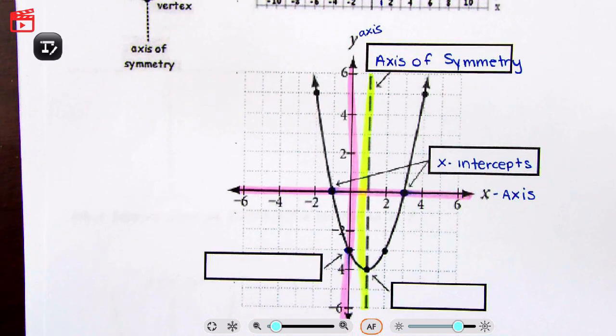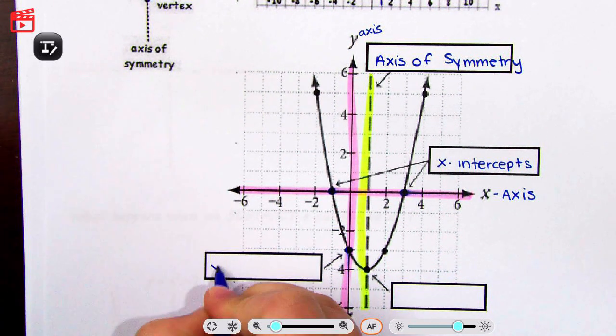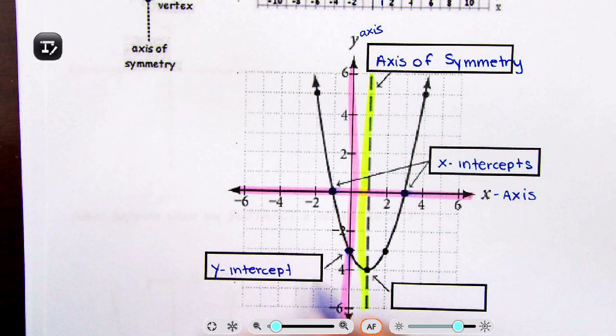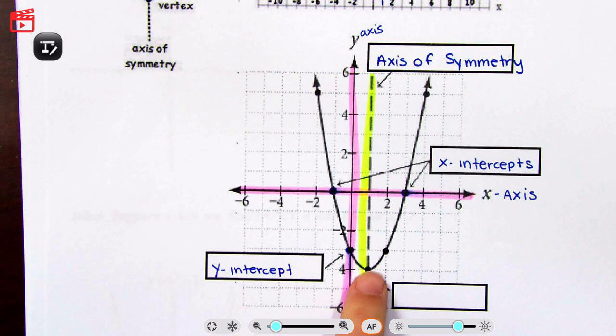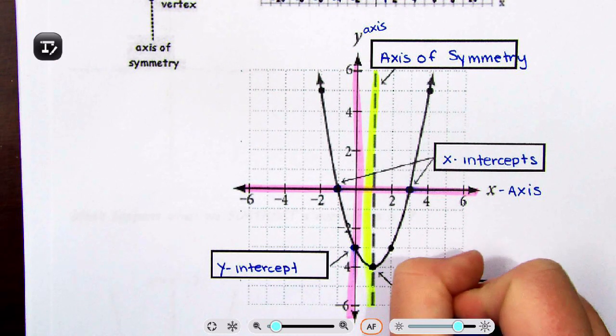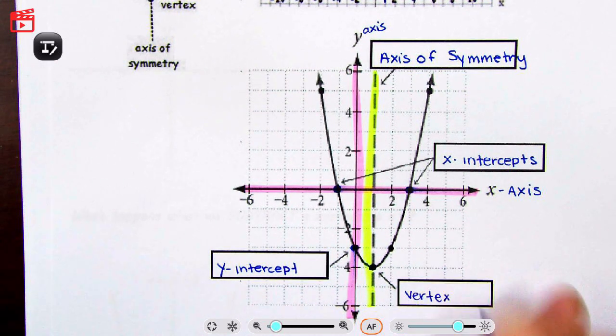So because we have something on the y-axis, this is going to be called the y-intercept. And notice that it has a minimum point, meaning it can't go below it. This minimum point, this point where it kind of bends, that specific bend is called the vertex. It's almost like the tip of the quadratic function.